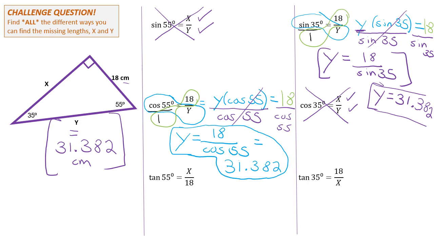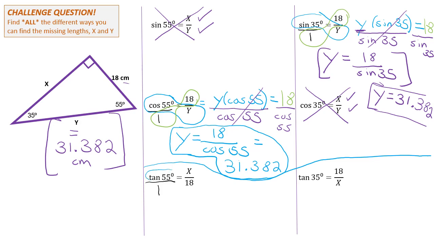Cool. So now let's use the tangents down below to find what that x is going to be. So let me just make a little bit of room here. Okay, so the tangent, let's do this one over here. The tangent of 55 equals x over 18.